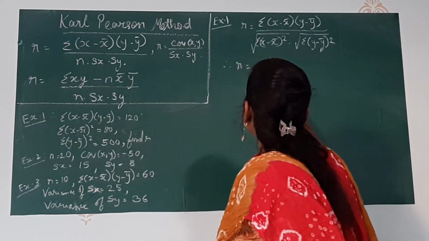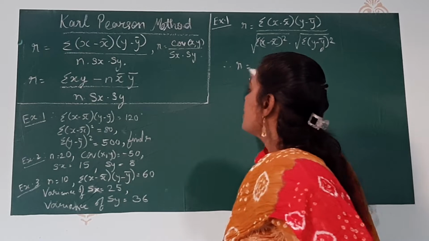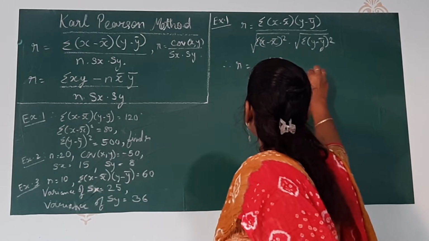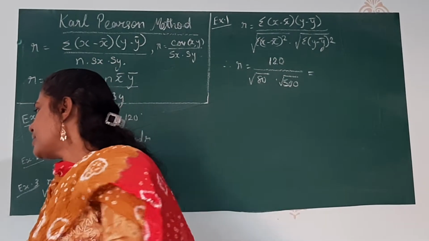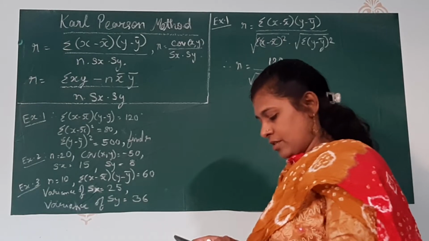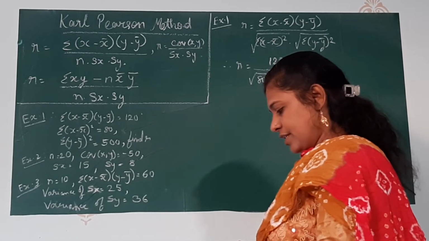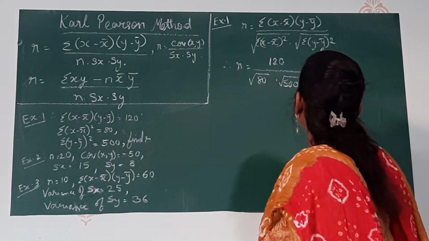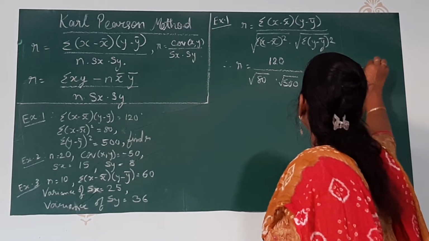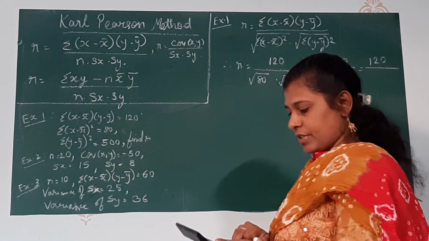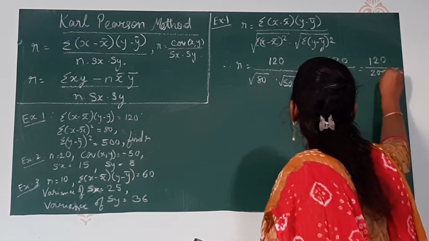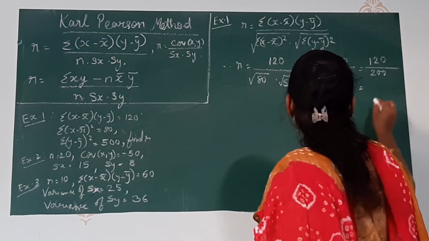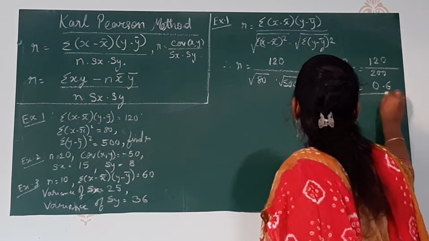First is 120, then under root 80 into under root 500. 80 into 500 we will get 40,000. So 120 upon under root 40,000, that is 120 upon 200. The final answer is 120 divided by 200 is 0.6. This is our r.